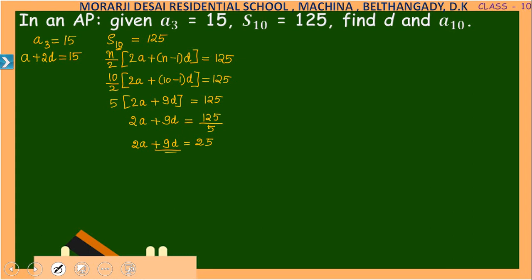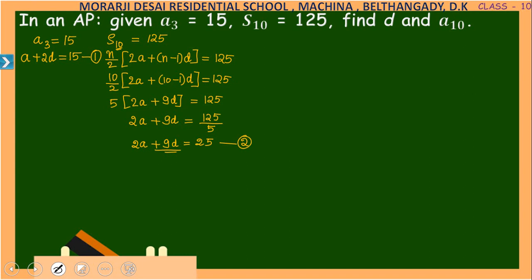Now how to solve? We got a plus 2d is equal to 15 and 2a plus 9d is equal to 25. We have two variables here, a and d, and two variables in the second equation also. So how to solve this?